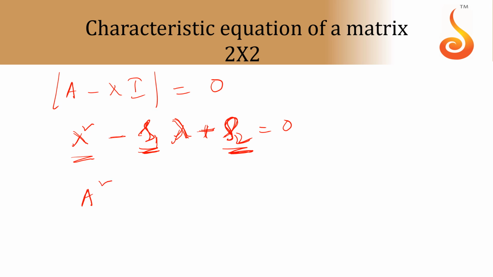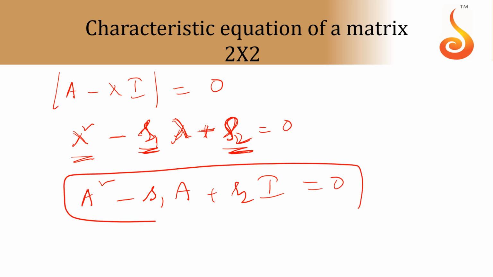That means A square minus S1 into A plus S2 into I equals 0, because S2 is a scalar, so whenever a scalar is there you have to attach the identity matrix. So if you write in terms of lambda and take the values of lambda, they are called eigenvalues. In place of lambda, if you substitute A, it is called the characteristic equation. The specialty of the characteristic equation is that from it you can calculate A inverse very easily.